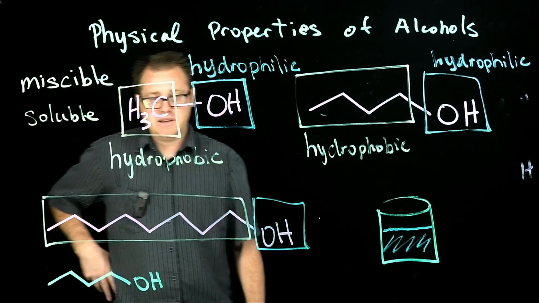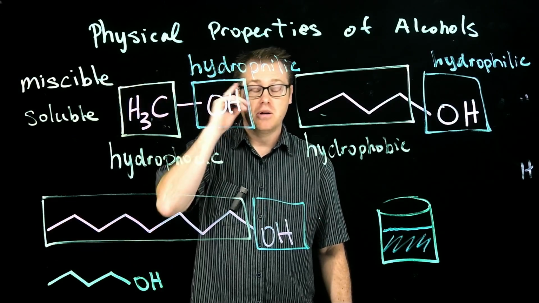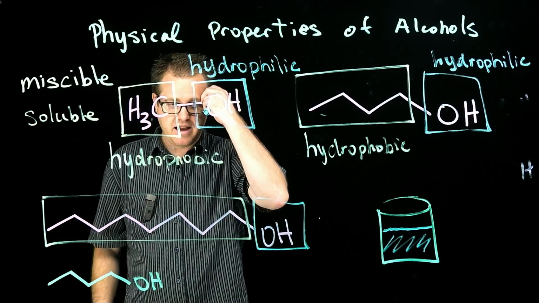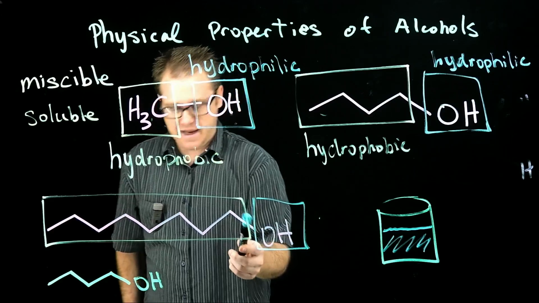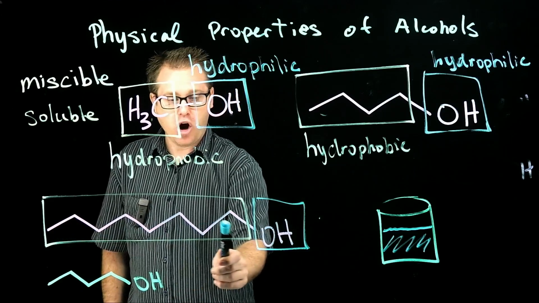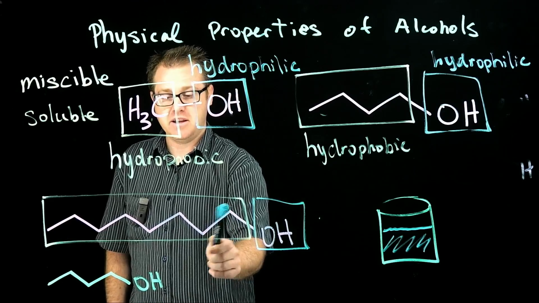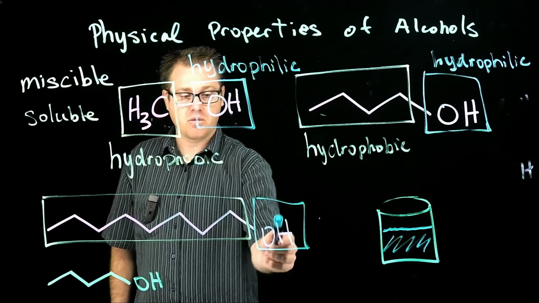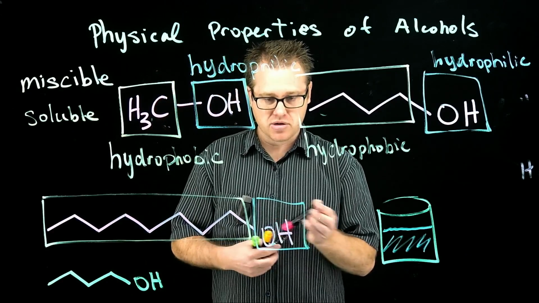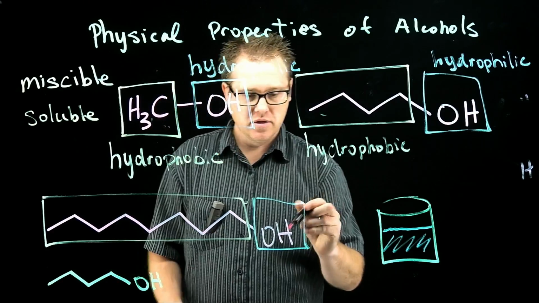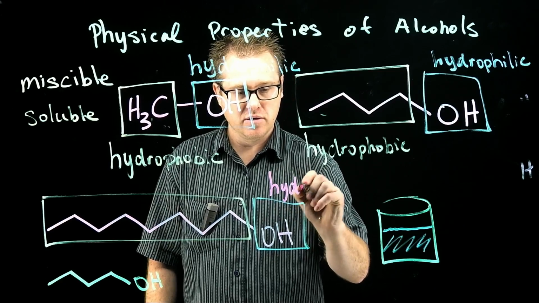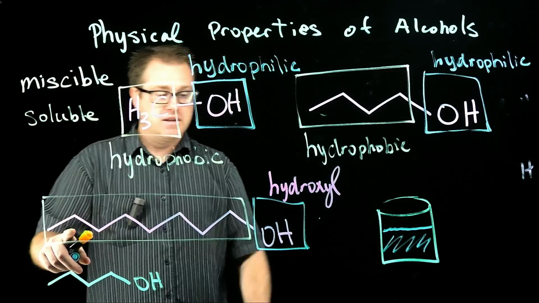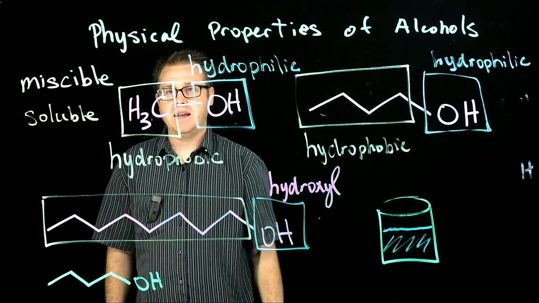Depending on the textbook that you read, there are different ideas out there. But one idea is that if you have 8 carbons in the hydrophobic region and 1 alcohol, or 1 hydroxyl, we also call these hydroxyl groups, so the OH is a hydroxyl, then that's going to be insoluble.